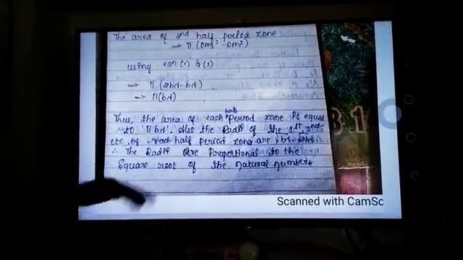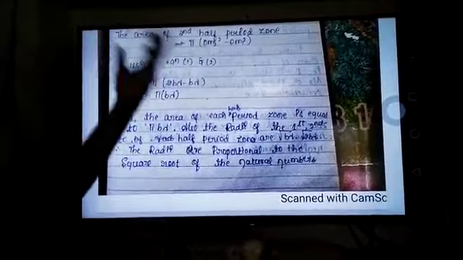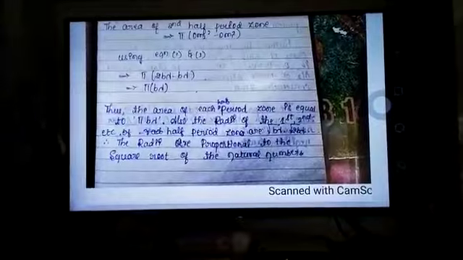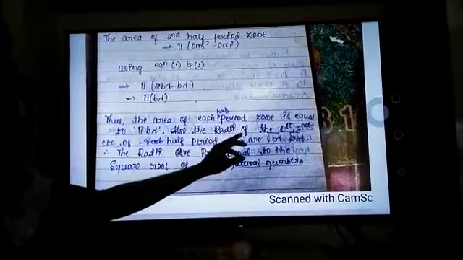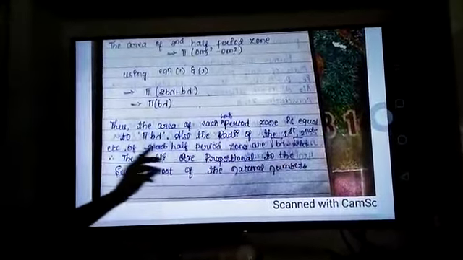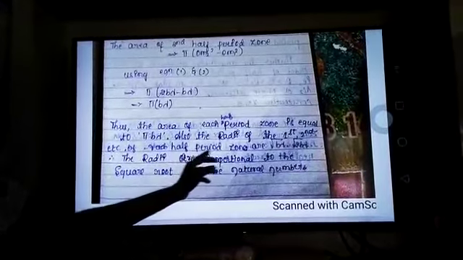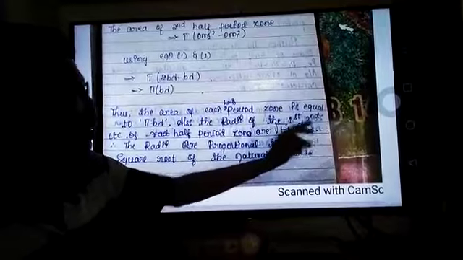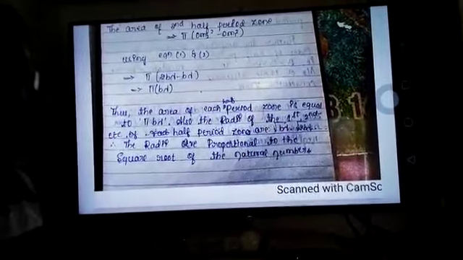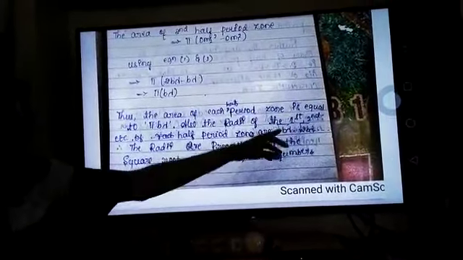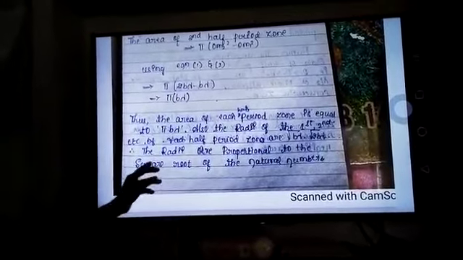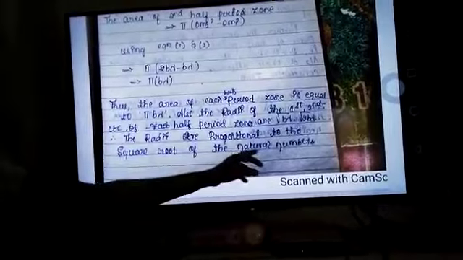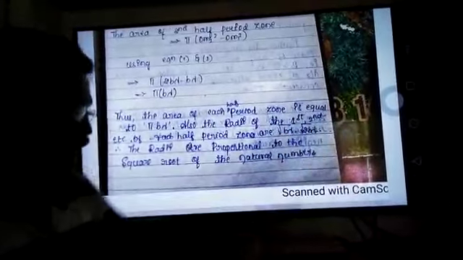For any zone, first, second, third, the value is the same, that is pi b lambda. Next, the radii of the first, second, third half-wave zones are square root of b lambda, square root of 2b lambda, and so on. Here b and lambda are constants, hence the radii are proportional to the square root of the natural numbers 1, 2, 3, etc.